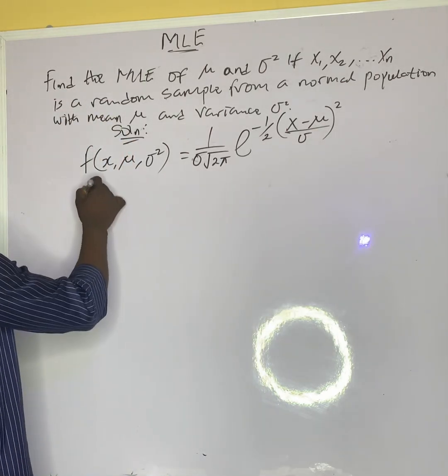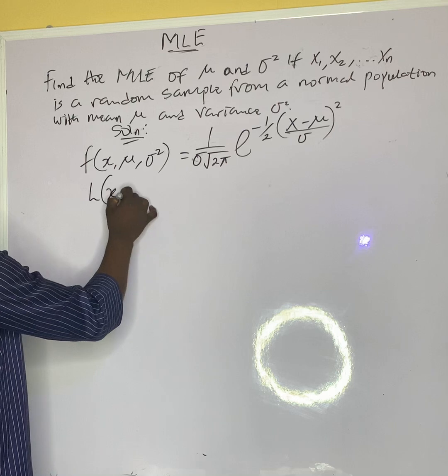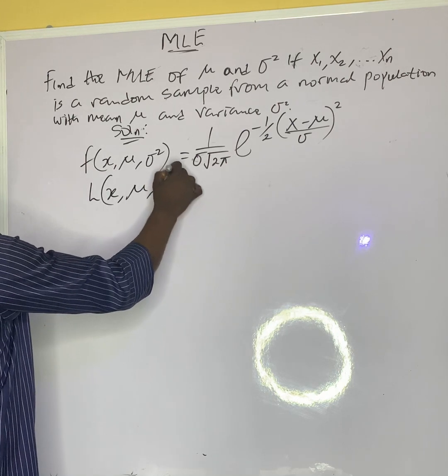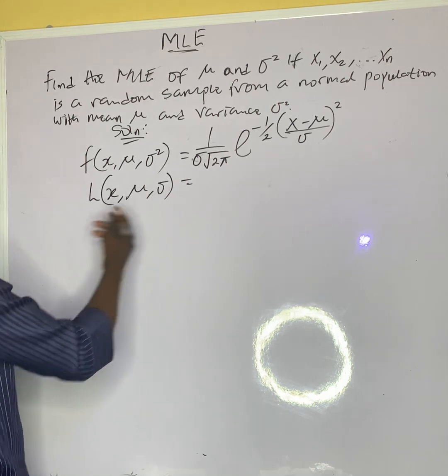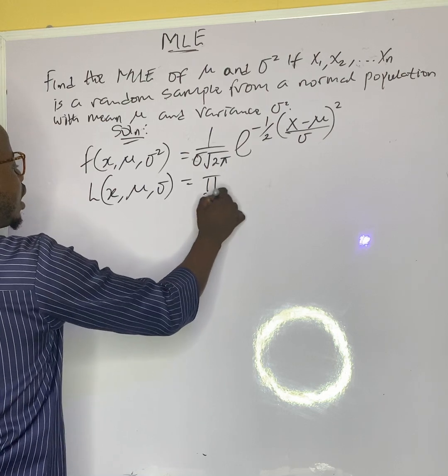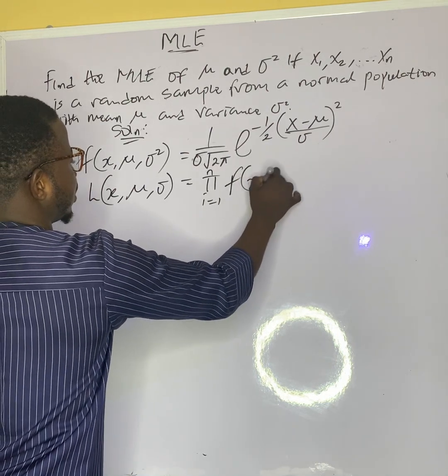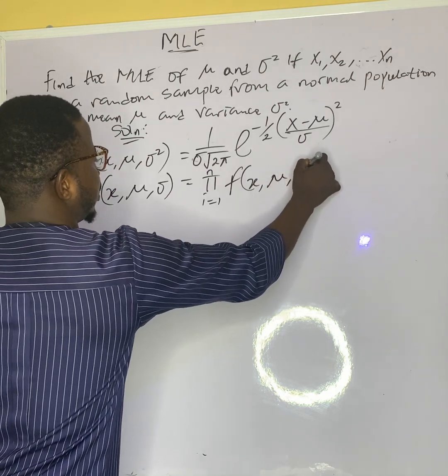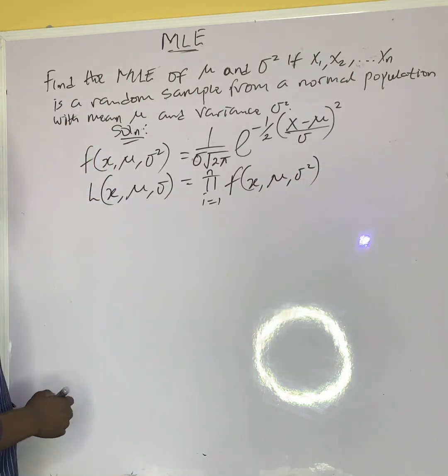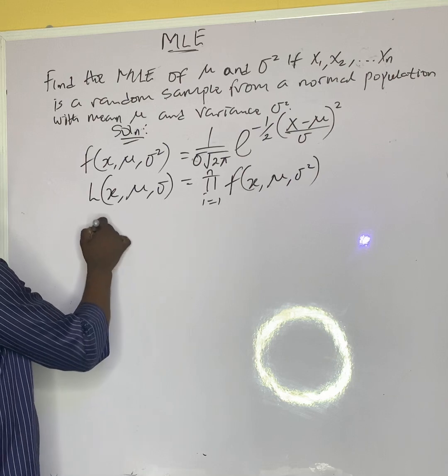So now the formula for the likelihood function. To obtain the likelihood function, the formula is defined as the product from i equals 1 up to n of f of x comma mu comma sigma square.